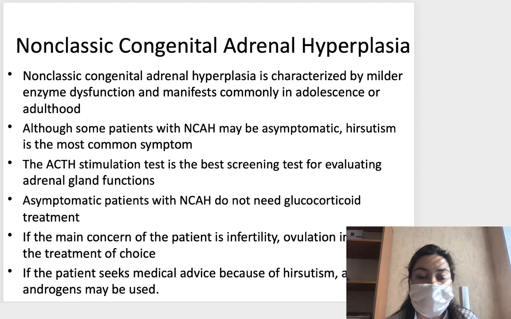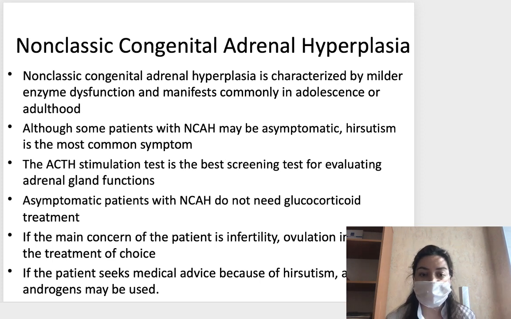Although some patients with non-classic congenital adrenal hyperplasia may be asymptomatic, hirsutism is the most common symptom. The ACTH stimulation test is the best screening test for evaluating adrenal gland function. Asymptomatic patients with non-classic congenital adrenal hyperplasia do not need glucocorticosteroid treatment.